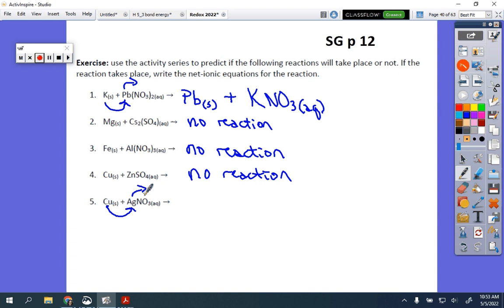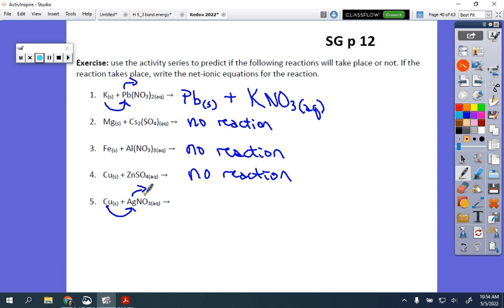Why is that? Yes, copper can have different charges, different oxidation states. As a transition metal, it usually is either +1 or +2.